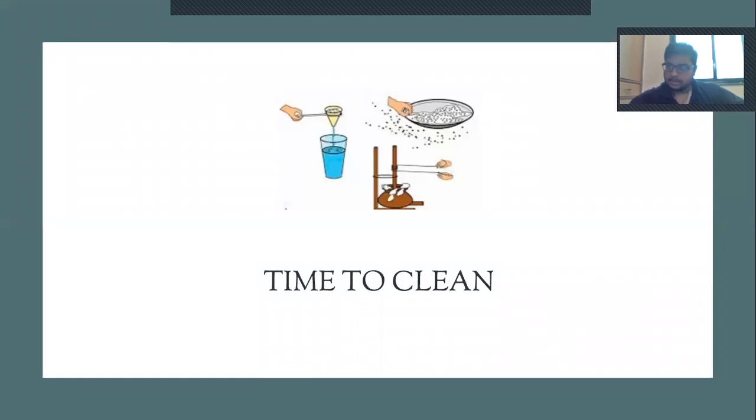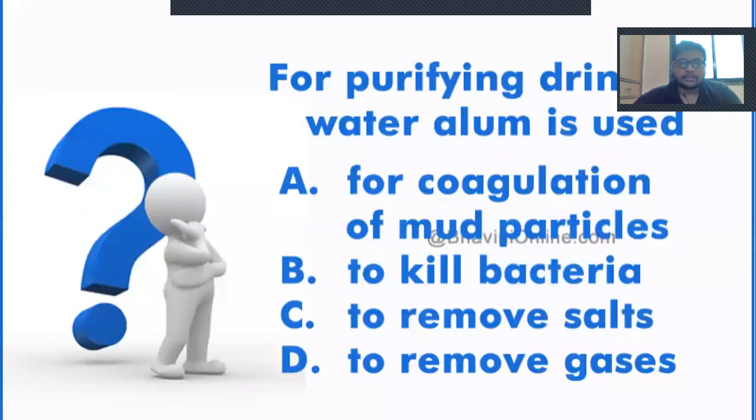What will you do? You will hand pick those kidney beans and separate them, or you can use a sieve also. So there are many other things that you can do to separate objects which you might be needing sometime later. So this is a brief idea of what we are going to discuss: separation of substances.